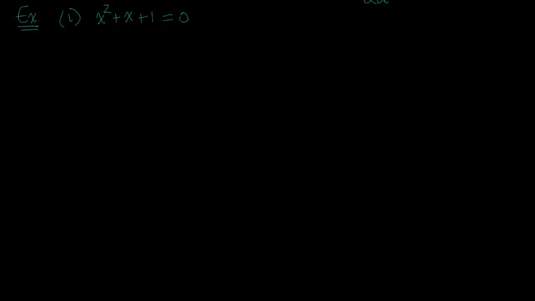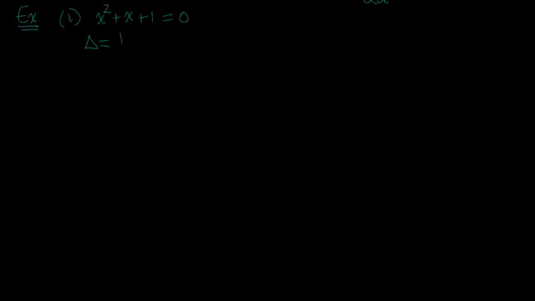However, there are no two numbers that multiply to 1 and add to 1. And the quadratic formula will guarantee and show me that this is really the case. I don't need to really try. If at all I have any doubts, I can always go back to the quadratic formula because it will always tell me the number of solutions that I will have.